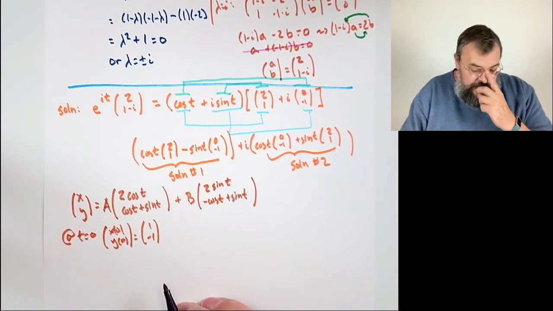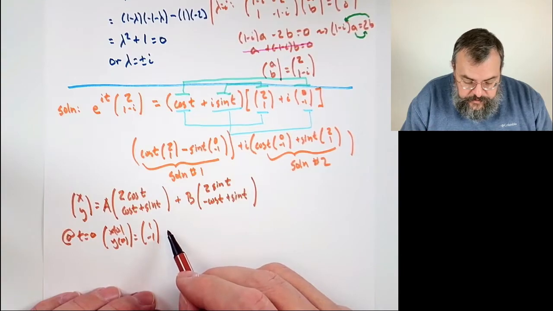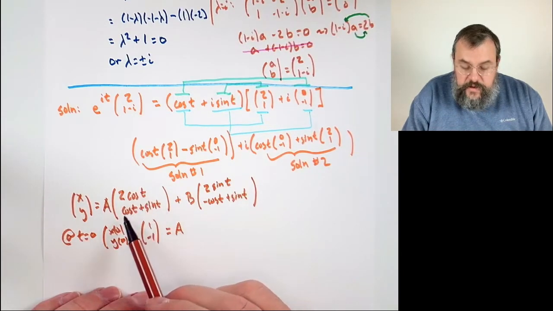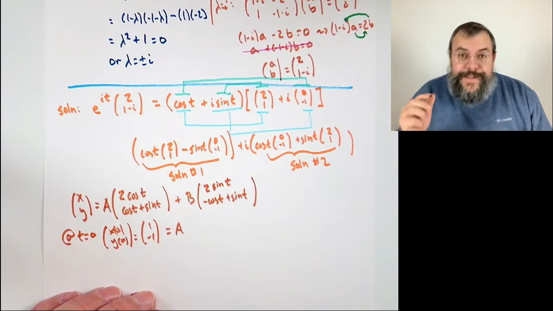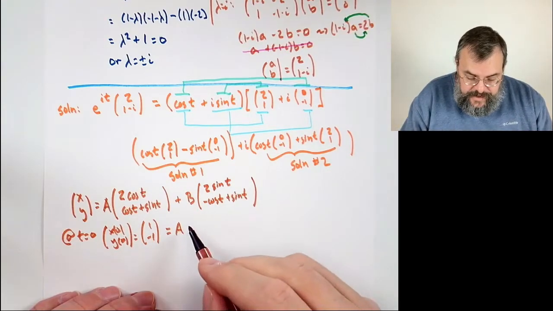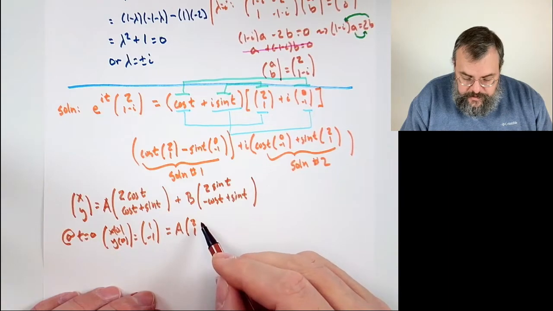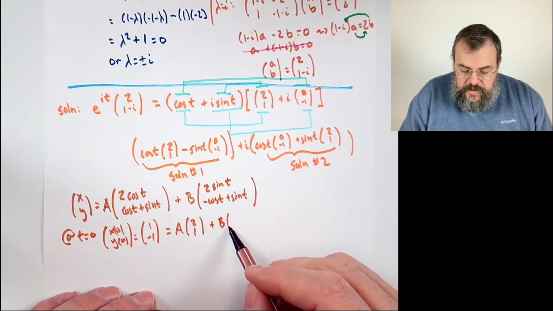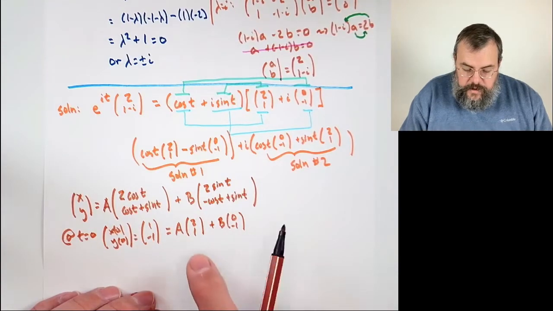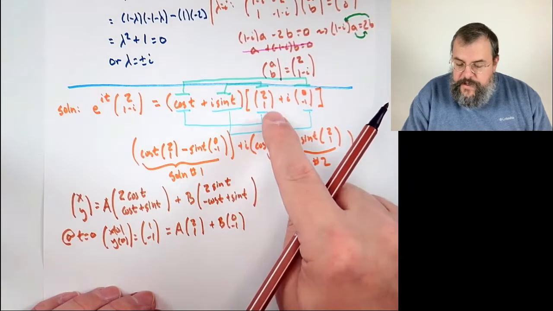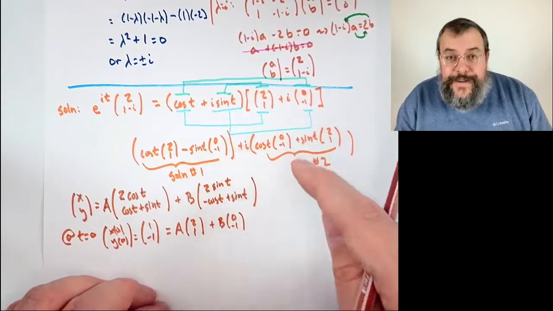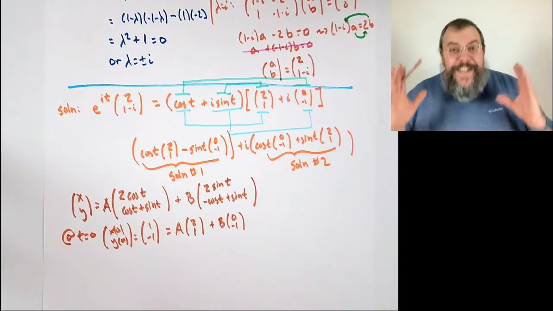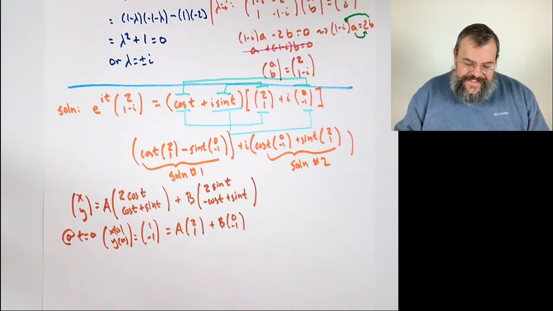And that will be equal to a, and let's see, cosine of 0 is 1, and sine of 0 is 0. So we're going to get a times (2, 1). And here we'll get b times (0, minus 1). You might say, oh, (2, 1), (0, minus 1), those sound really familiar. Yeah, they should. It's the real and the imaginary parts. Not a coincidence.